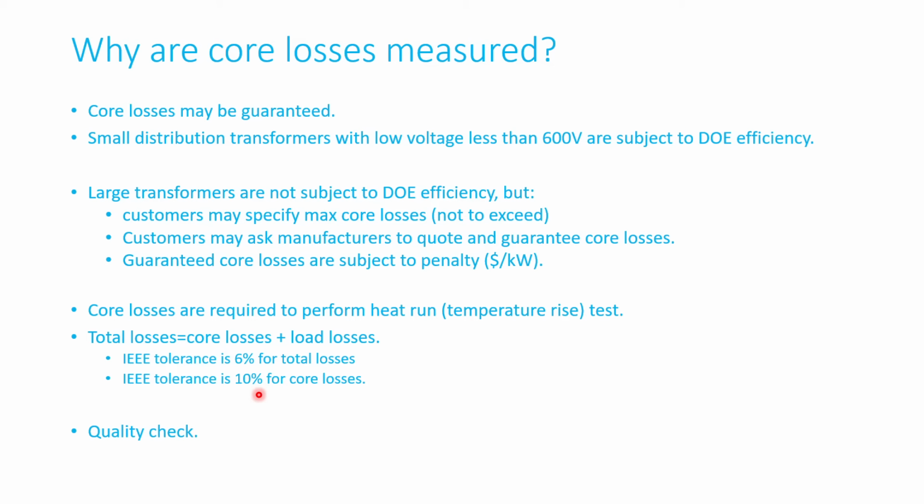Manufacturers have experience, they know when core losses are exceeded and something is questionable, and they will do further investigation. Core losses are also a quality check. When you energize the transformer at no load, the core is excited, and the core is made up of laminations, and those laminations have insulation.